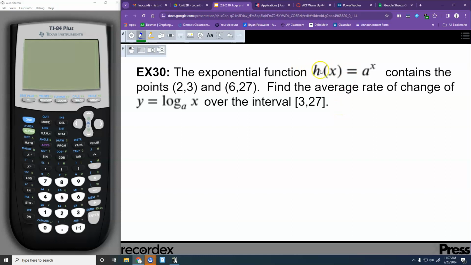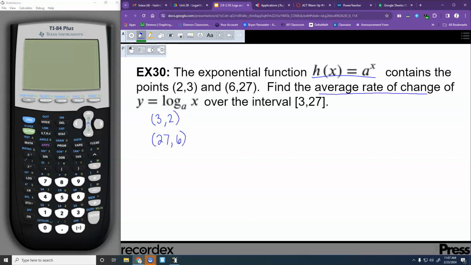Whenever I go from h of x to log base a of x, those two should be inverses of each other, correct? So 2, 3, and 6, 27 are on the exponential function. What are those points going to be whenever they're on the log? 3, 2, and 27, 6.